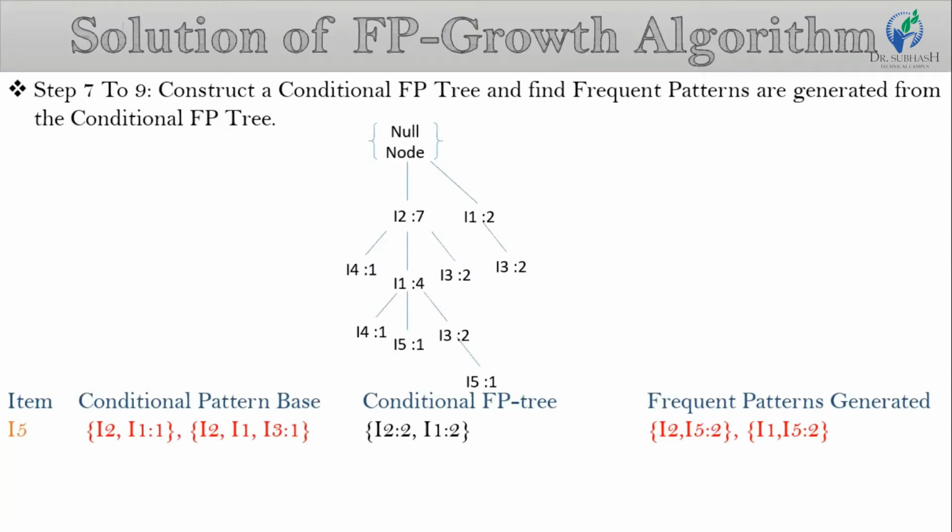Now for I4, its two prefix paths from the conditional pattern base are I2, I1 and their count is 1, then I2 and their count is 1, which generates a single node conditional FP tree I2 and their count is 2.